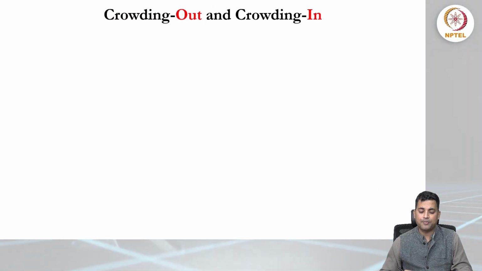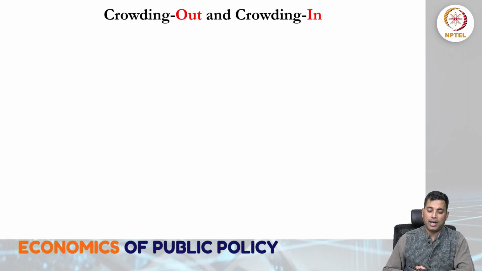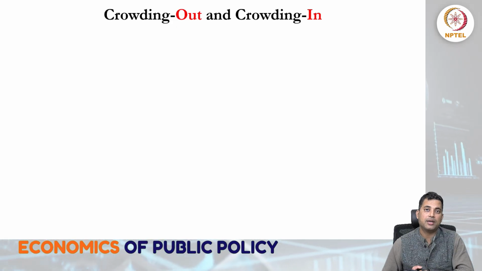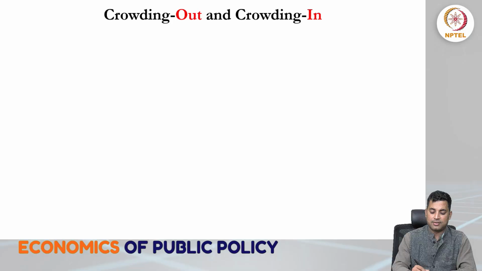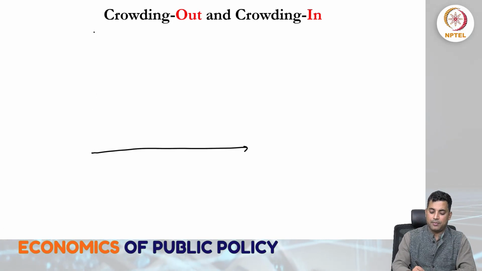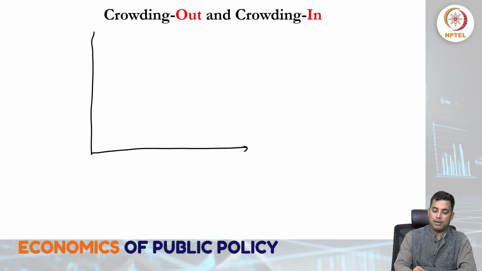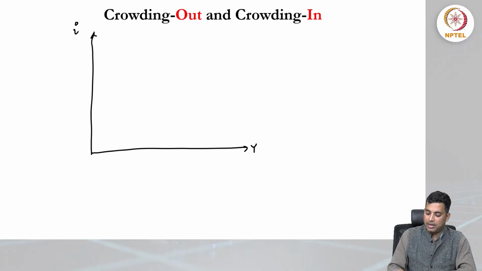So now let's move further, because this is very important, and we already discussed this crowding out and crowding in in context of investment and savings. So let us also discuss here with the help of IS and LM. So rate of interest and here income.